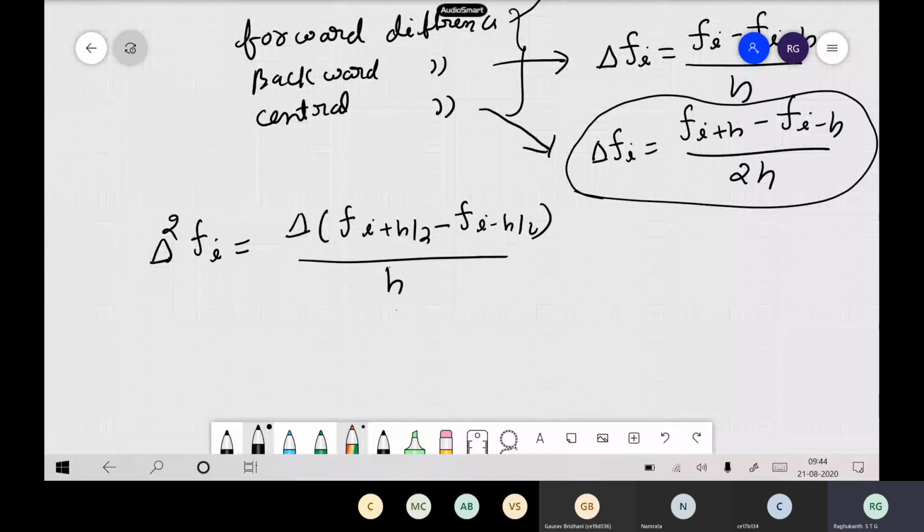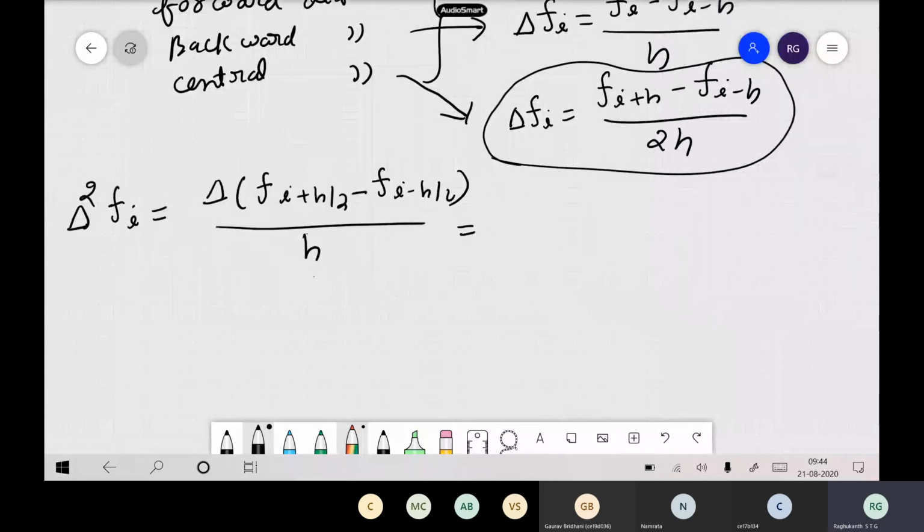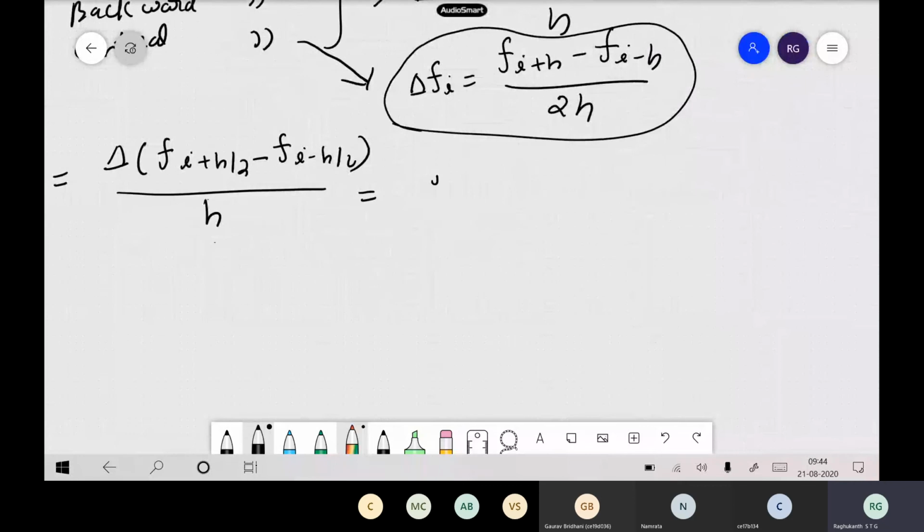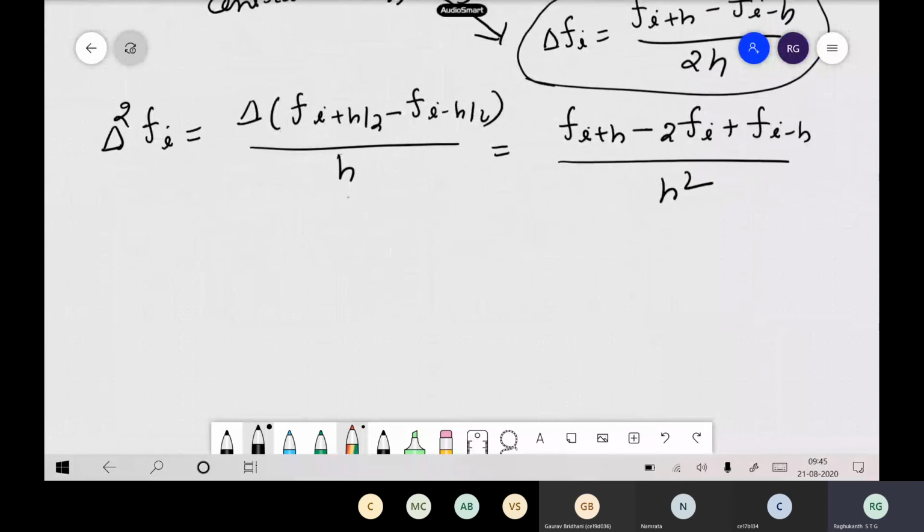So now the formula for this one, you can write as f of i plus h minus 2 times f i plus f of i minus h by h square. So these are all the expressions we use in central difference.